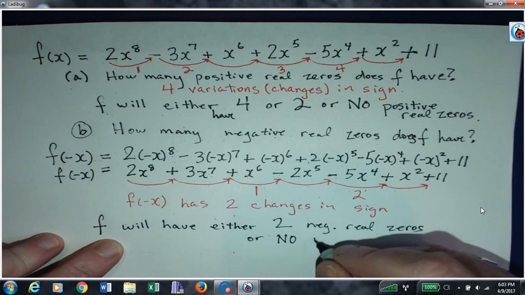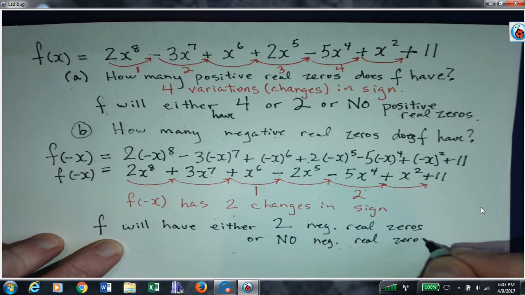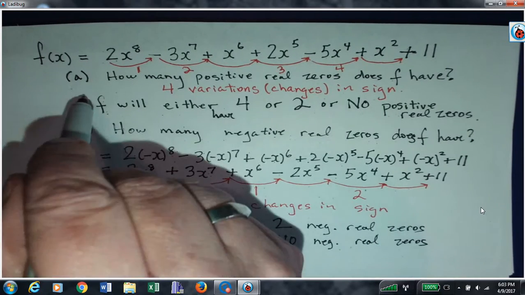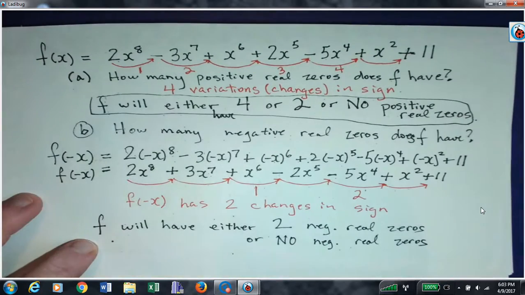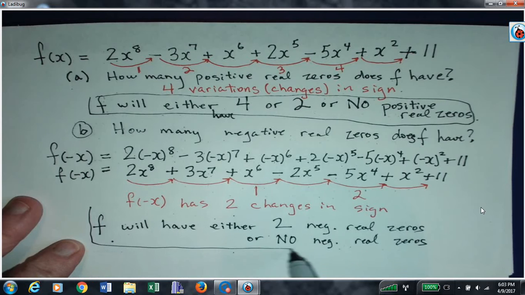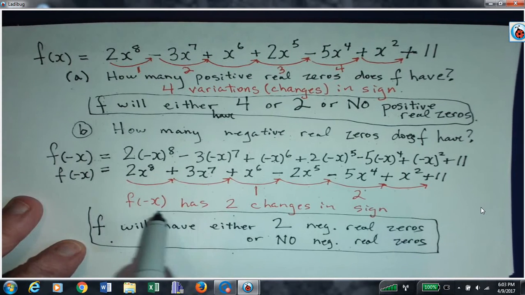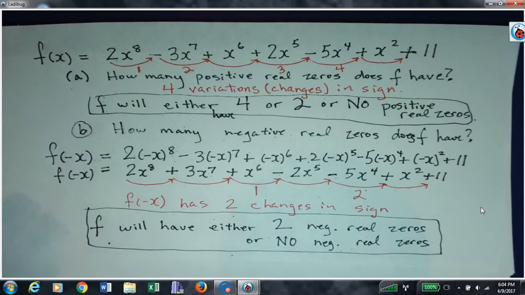So, or no negative real zeros. Okay, so here was our result for how many positive real zeros f would have using Descartes' rule of signs. This is our result for how many negative real zeros f would have using Descartes' rule of signs. Okay, we're done with f. Let's go back to g.